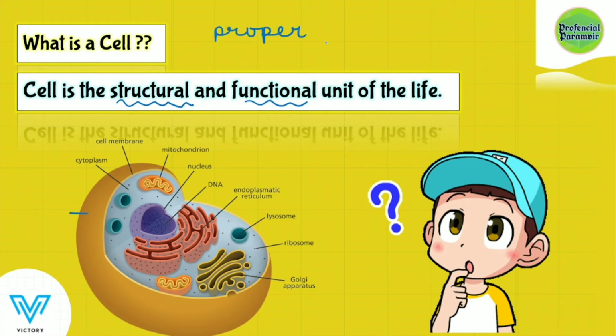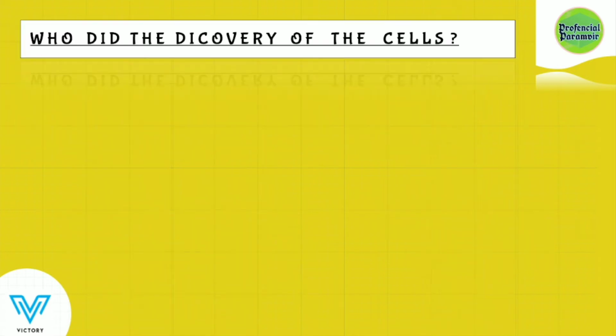Each part of the cell performs different functions. So that is why the cell is structural, because it has proper structure, and a functional unit of life because its parts perform many different functions.